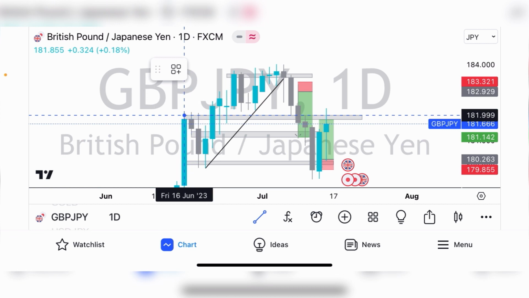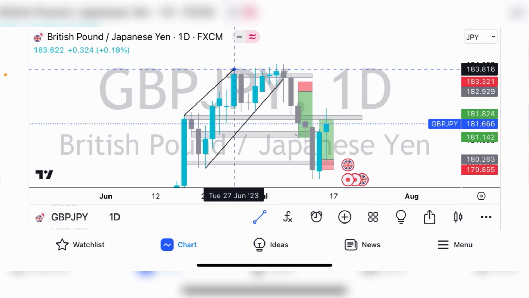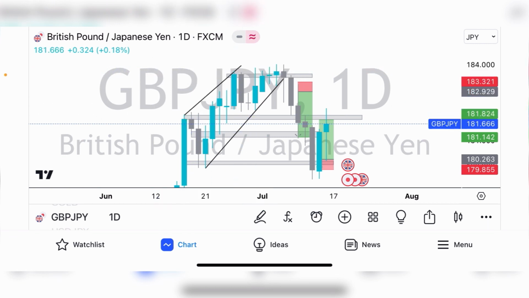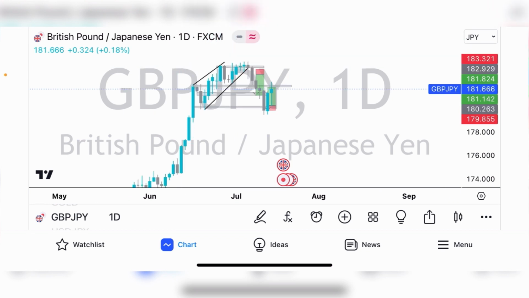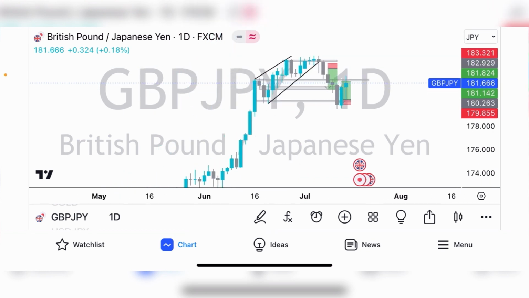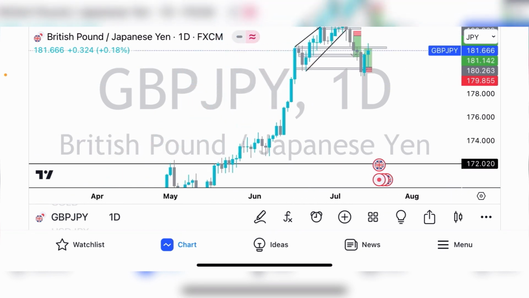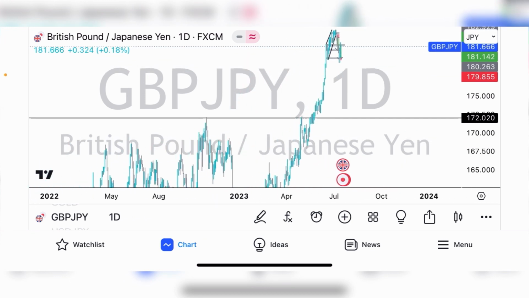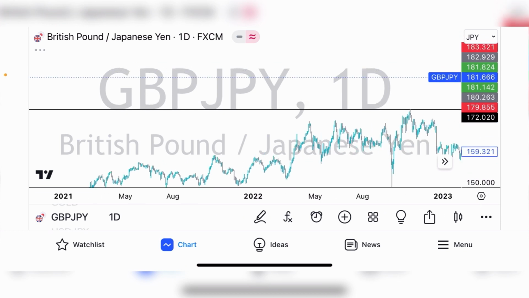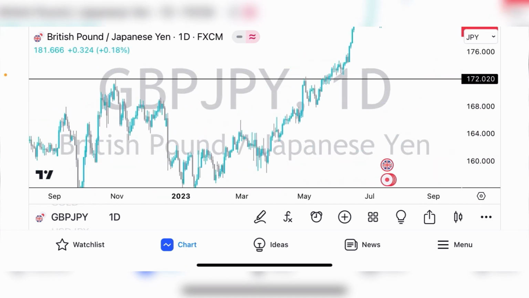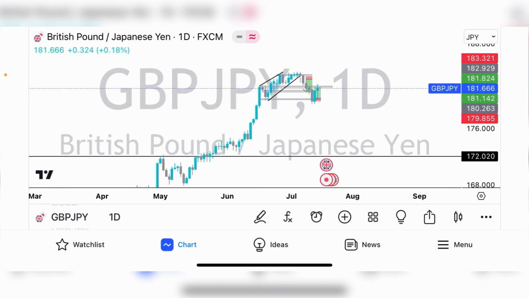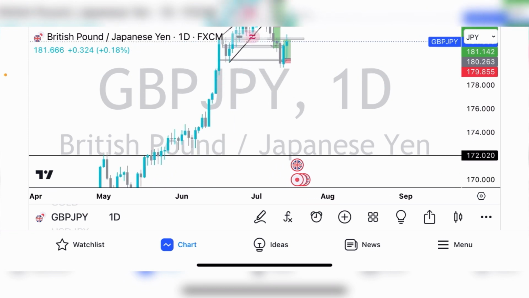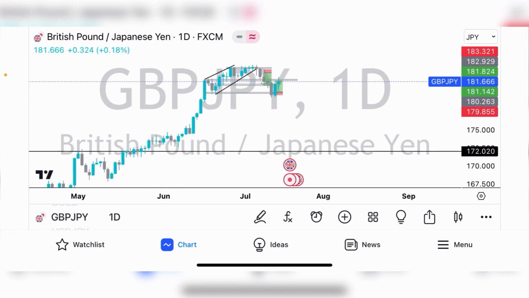It's important to always analyze from your daily time frame while going down to the smaller time frames, because the daily time frame will show you much clearer charts. It adds confluence if you understand what I mean. As we zoom out, you can see that the market still has to drop.